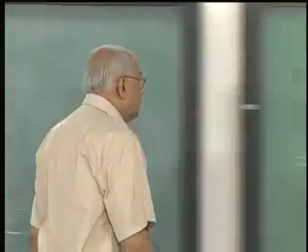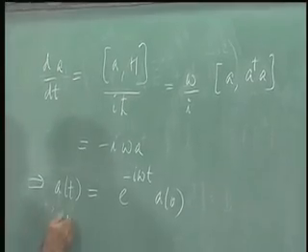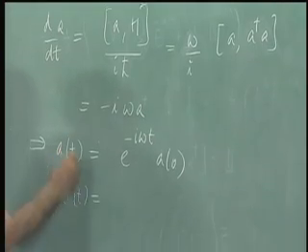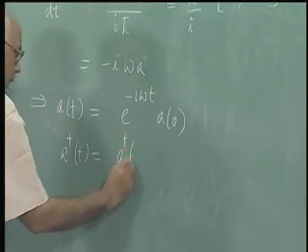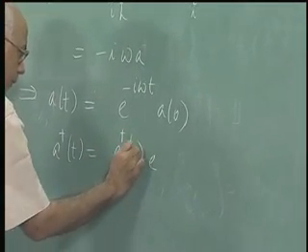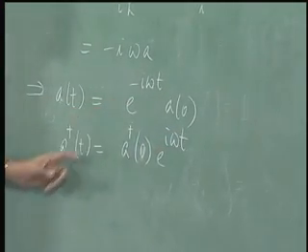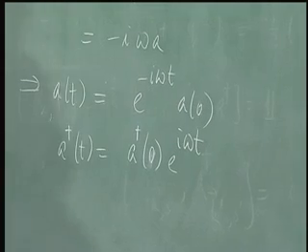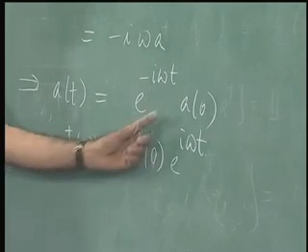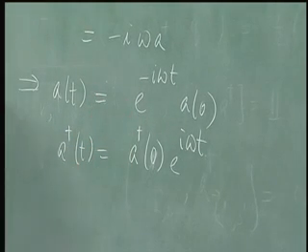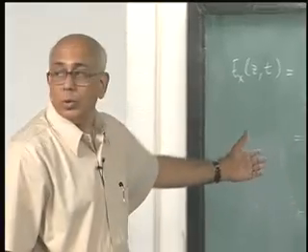Similarly, A dagger of t can also be computed, but it is just the Hermitian conjugate of this, so it is A dagger of 0 e to the i omega t. This is just a C number, so it does not matter where I put it, but just sheer force of habit, the moment I take a Hermitian conjugate I invert the order here, in this fashion. So all you have to do is to put that in here and you have the exact solutions where A and A dagger are Heisenberg picture operators.